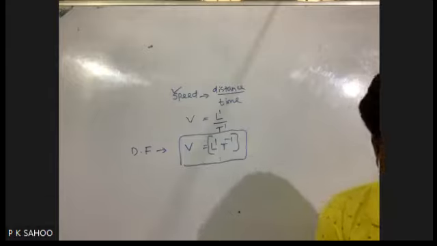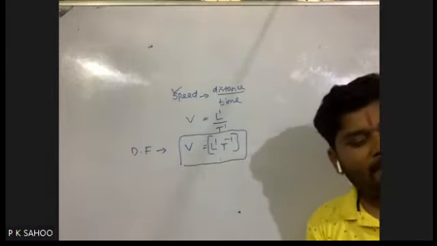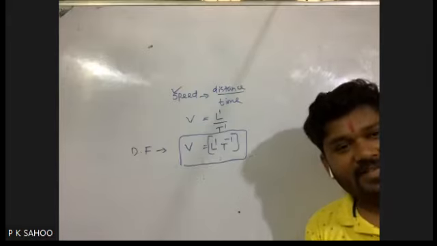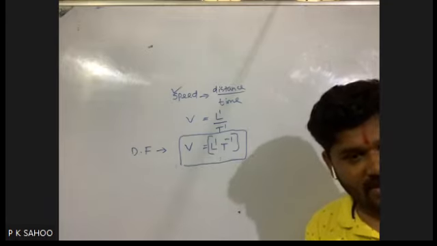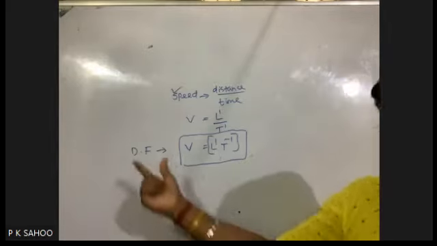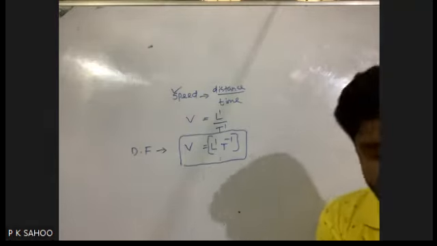Then what do you mean by dimensional formula? It is a formula which tells us how and which fundamental quantities are used to express the physical quantity. Which fundamental quantities are used?